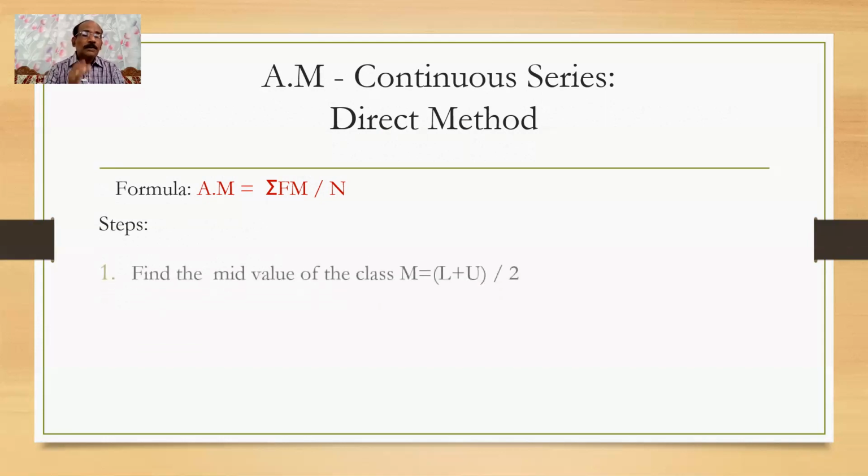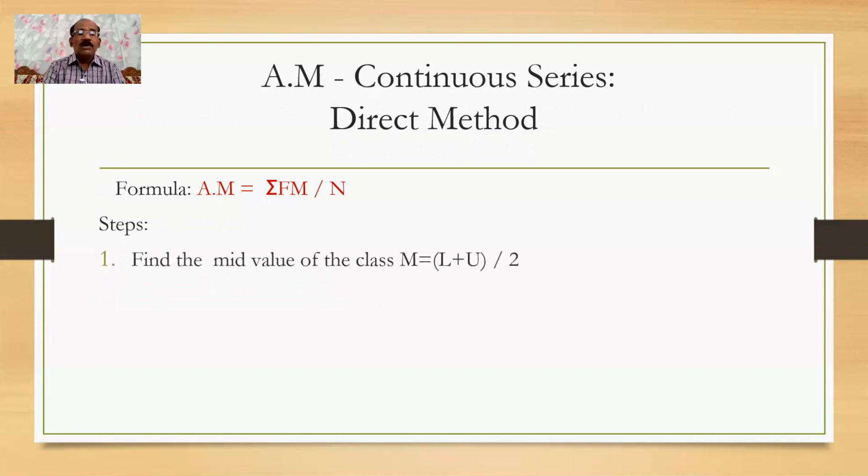What is the first step? Find the mid value of the class. What I told just before, continuous series means the class intervals are there. You have to point out the midpoint of the class interval.